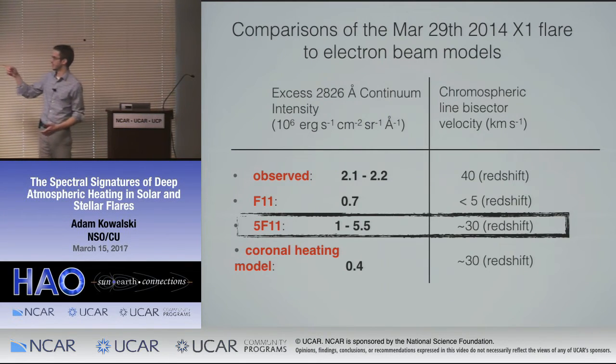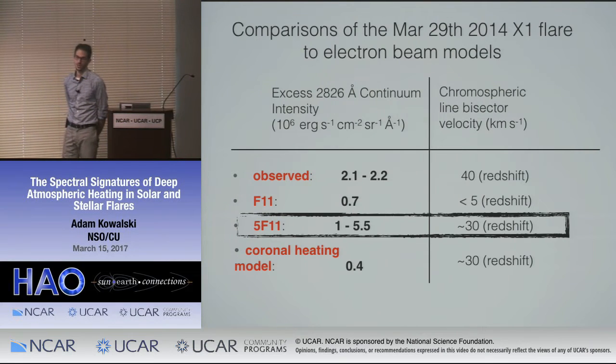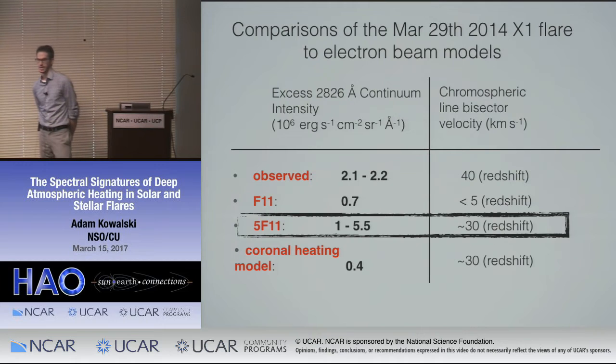The F11 model we ran didn't produce very bright continuum emission, about 0.7, a factor of 3 lower, and hardly any redshifts in the chromospheric lines, so no highly asymmetric red wings. But the 5F11 did a much better job. It produced very bright continuum intensity, and the chromospheric flare lines were shifted by several tens of kilometers a second.